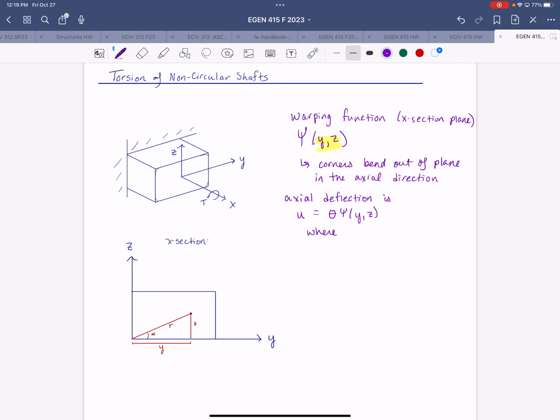All right, so theta is defined as the total angle of twist, which is phi, divided by x.